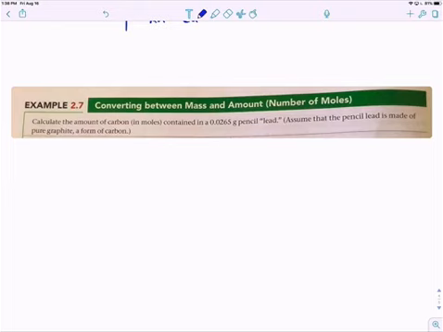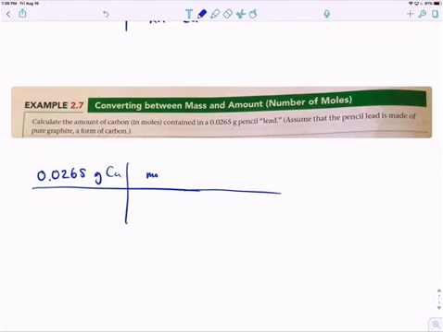Okay, calculate the amount of carbon in 0.0265 grams of pencil lead. The pencil lead is made of carbon. So the idea here is 0.0265 grams of copper, and you have to look to the periodic table. I'm sorry, it's not copper, it's carbon.